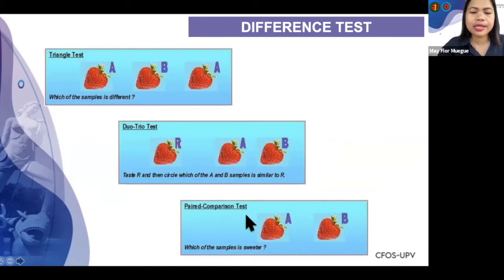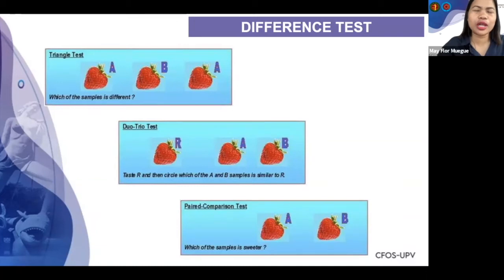Okay? Here in the paired comparison test, you have to identify between the two samples which one is sweeter. Usually, you do this if you want to compare your newly developed product versus a product in the market.